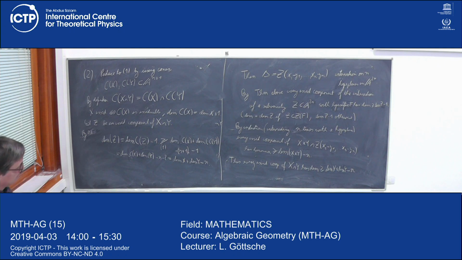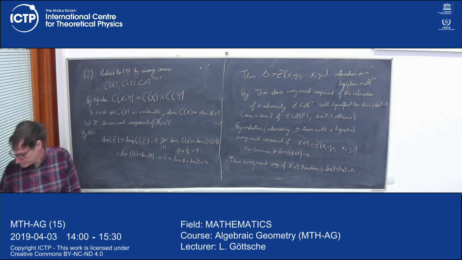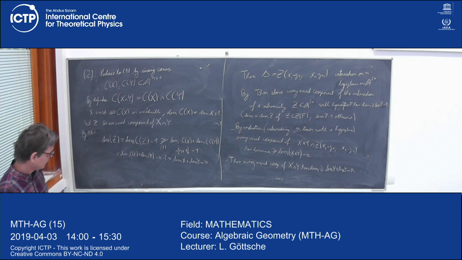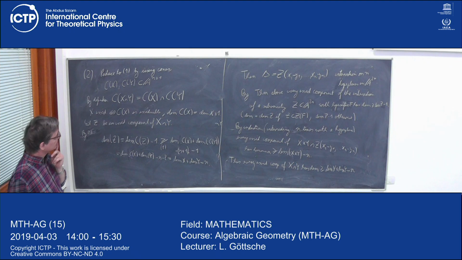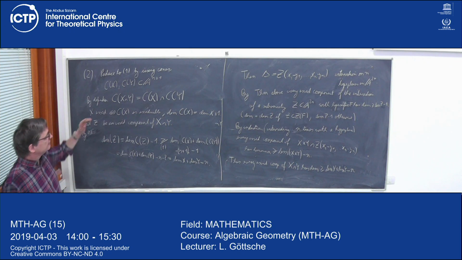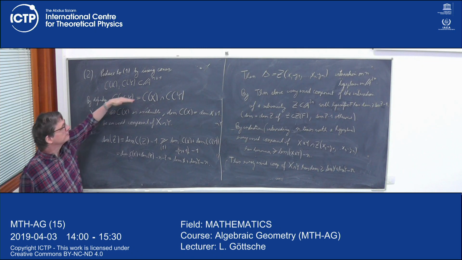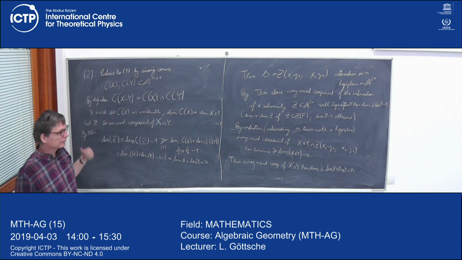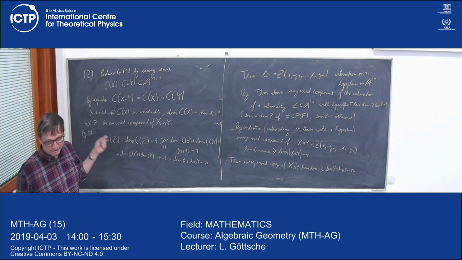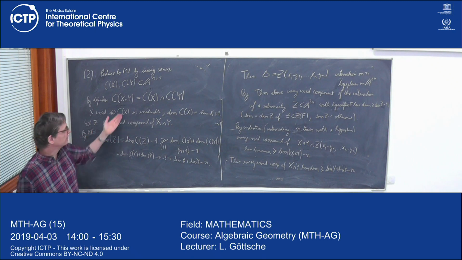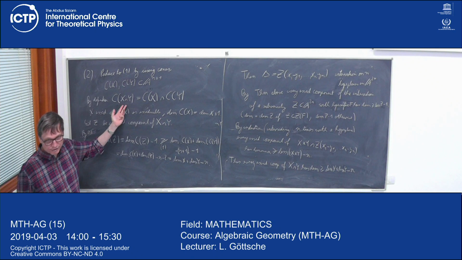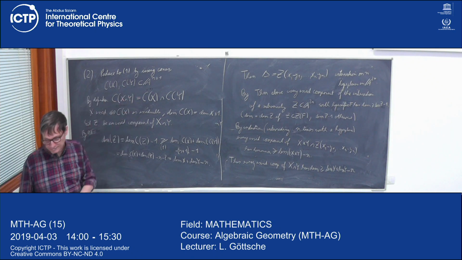Now we come to the second statement, that the intersection will be non-empty. So there must be something different from the affine case. And the thing is that the cones are not arbitrary subvarieties of A^(n+1). All the cones have one point in common, which is the origin. So we know beforehand that they intersect, because every cone, by definition, contains the point 0, 0, 0, 0.